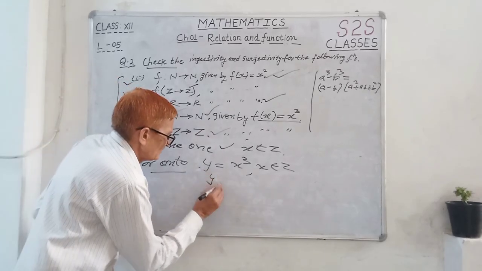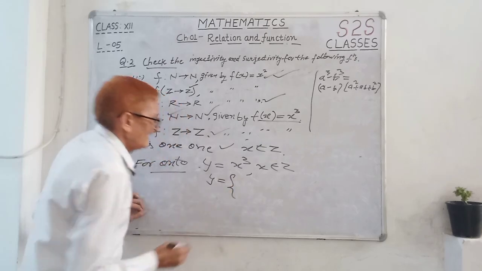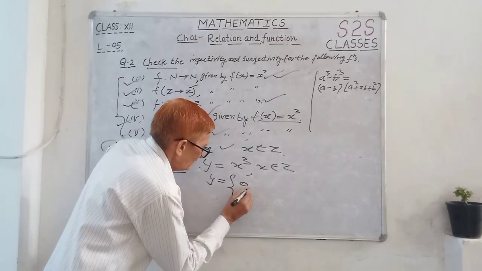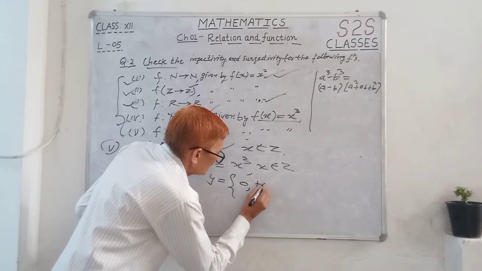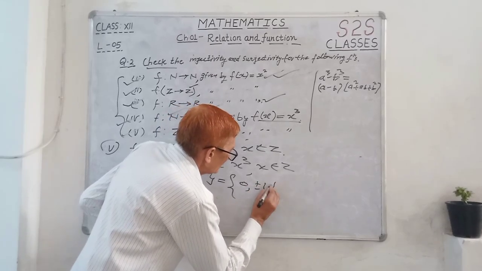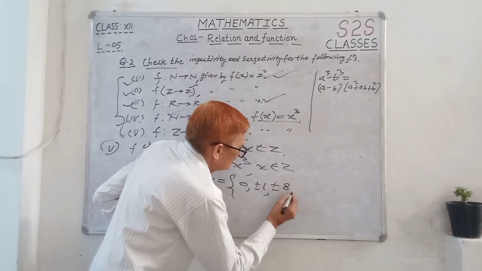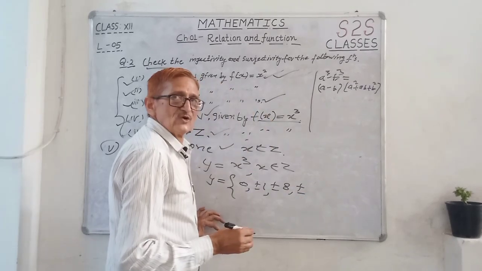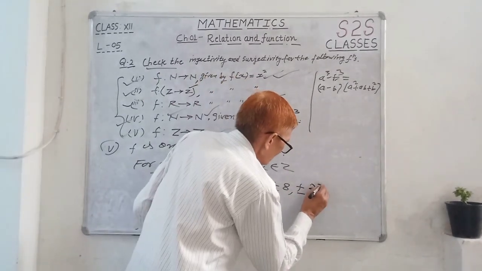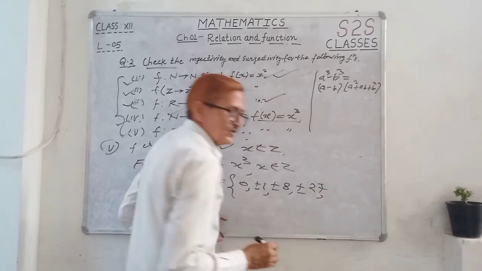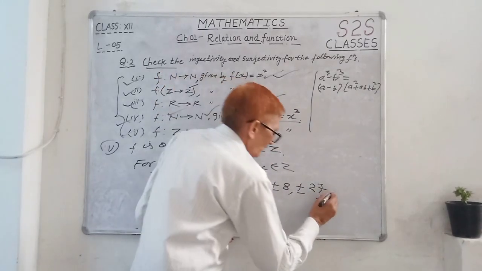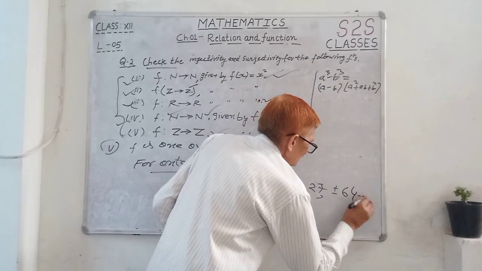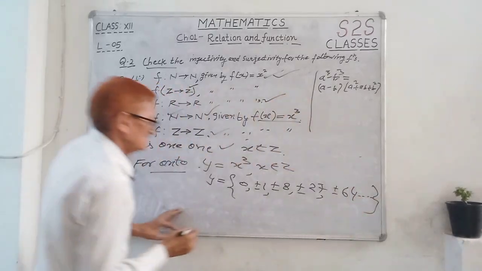So y is equal to the set of, and if x is 0 then y is 0, so 0 and plus or minus 1, plus or minus 8, plus or minus 27 (3 cube), then 4 cube 64, then plus or minus 64 and so on. So this is the range.